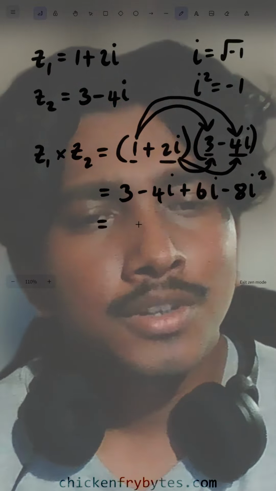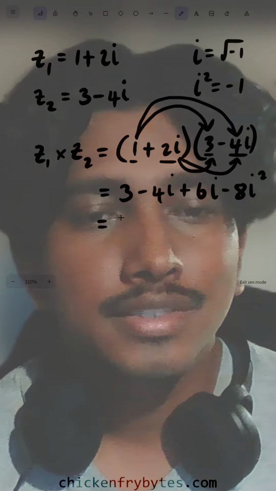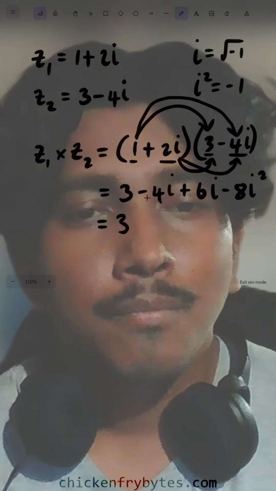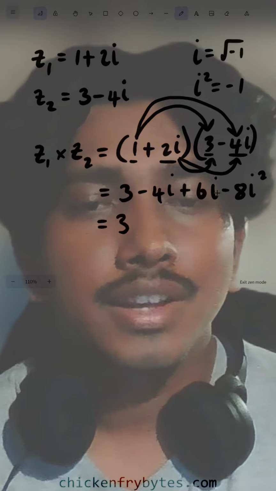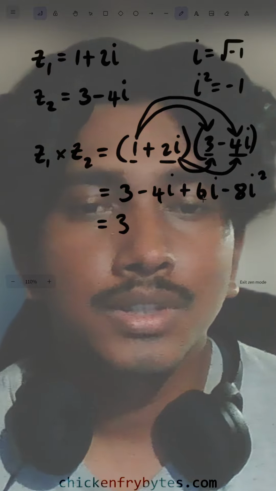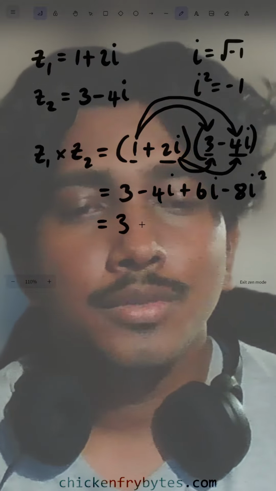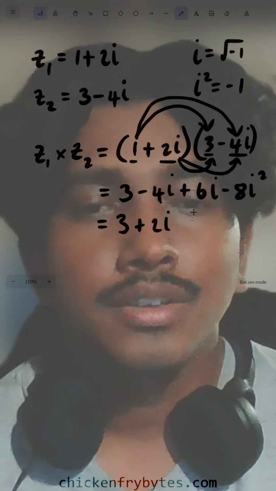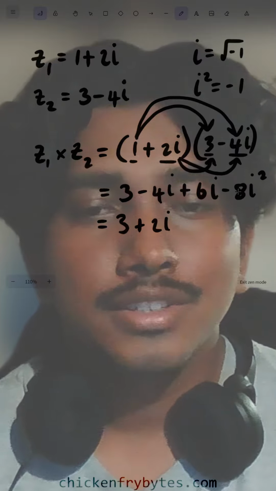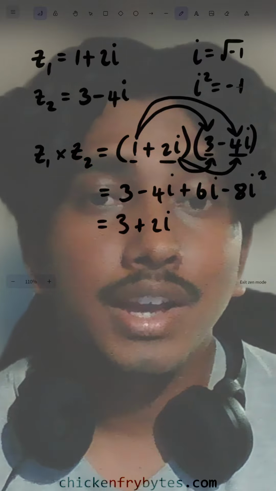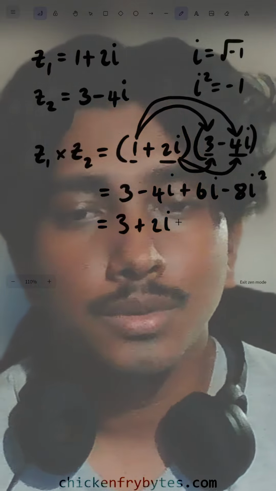And we can break this down even further. We know that in this case, we can have 3 minus 4i plus 6i, in the same way that -4 plus 6 is positive 2, right? We'll have positive 2i here. And in this case here, -8i squared, we do know that i squared is simply -1.